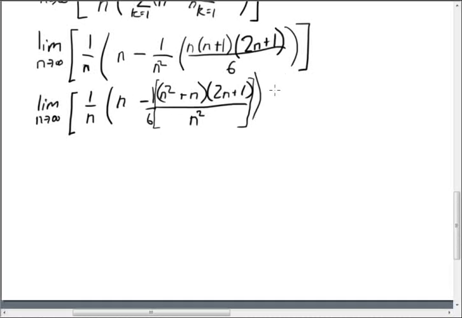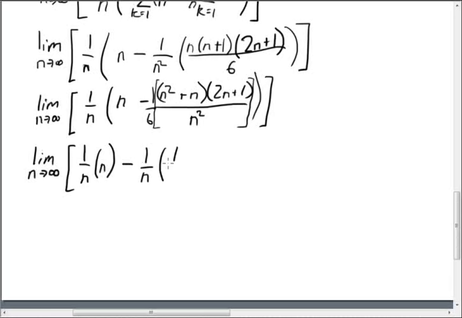And close this parenthesis, close that brace. Okay, limit as n approaches infinity, 1 over n times n minus 1 over n times 1/6.